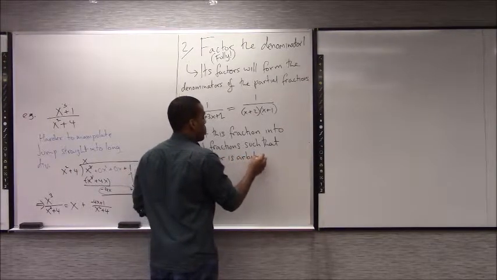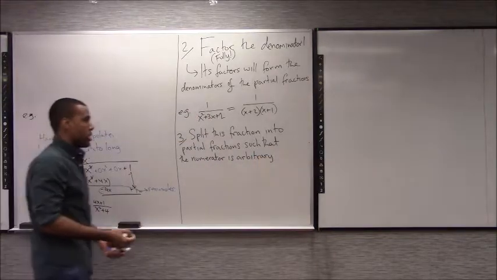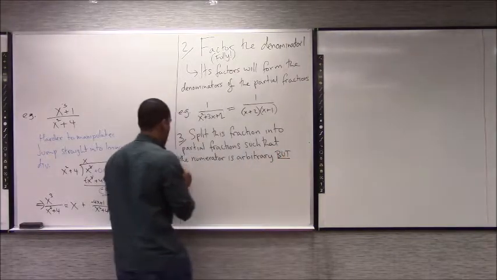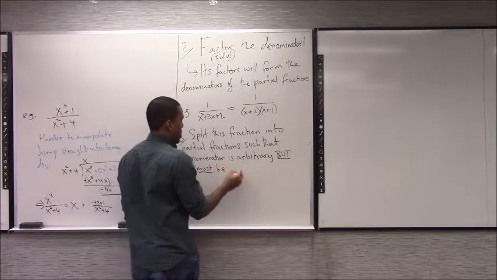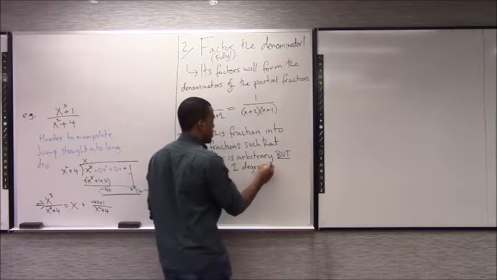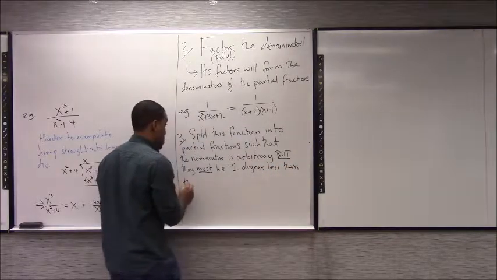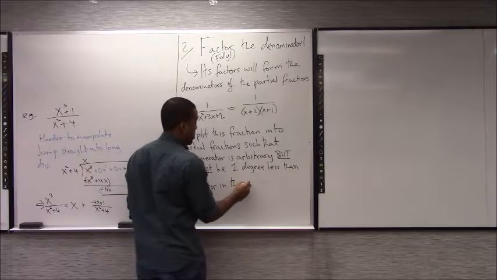The thing is, we don't know what the numerators would look like at the moment, so the numerators will be arbitrary, but they must be 1 degree less, exactly 1 degree less than the factor in the denominator.